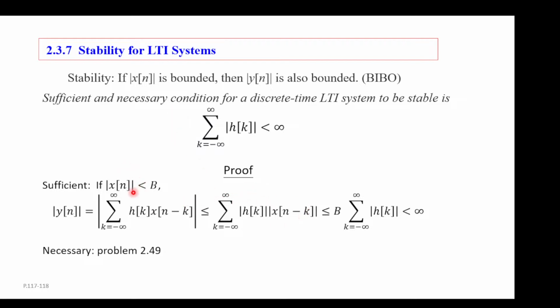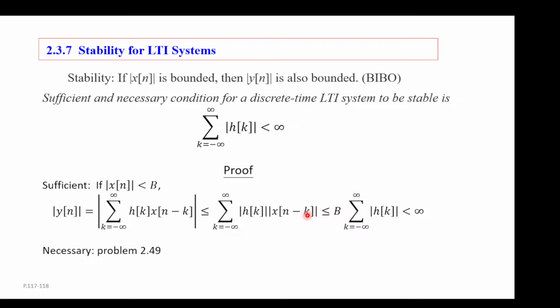First we use this condition here. Our input is bounded, so x[n minus k] is bounded, so these are all less than B. And we are summing over positive terms, so we can replace this with less than B, because this is true for every n or n minus k.